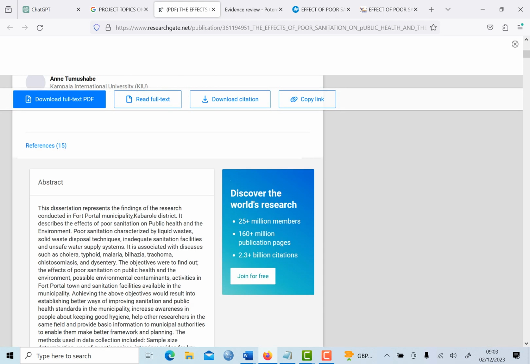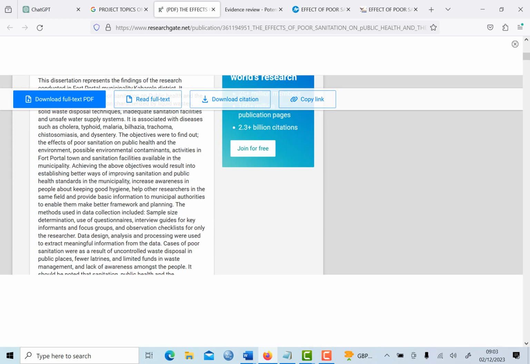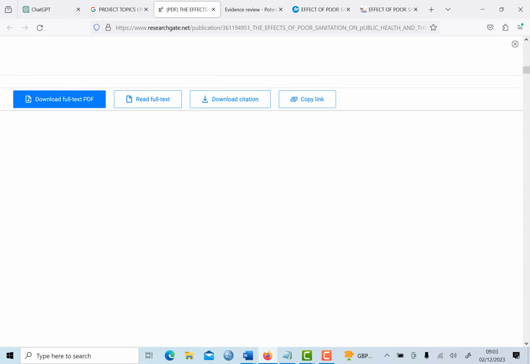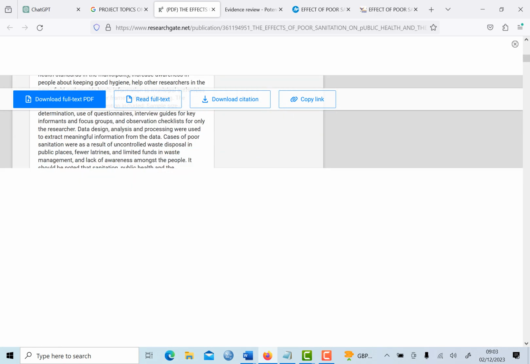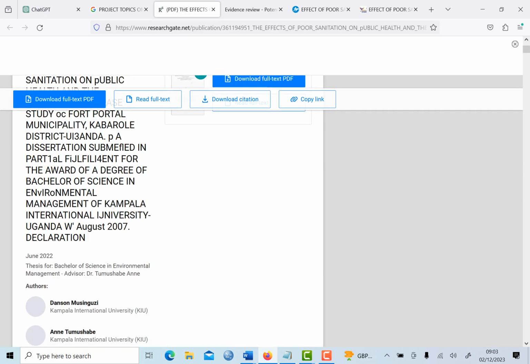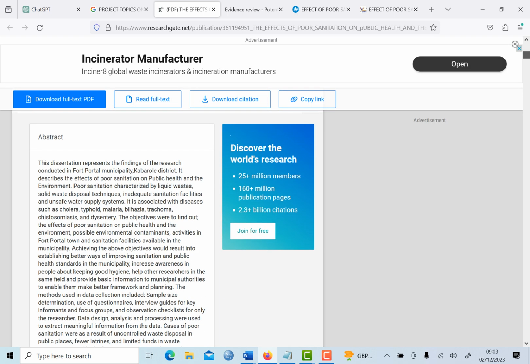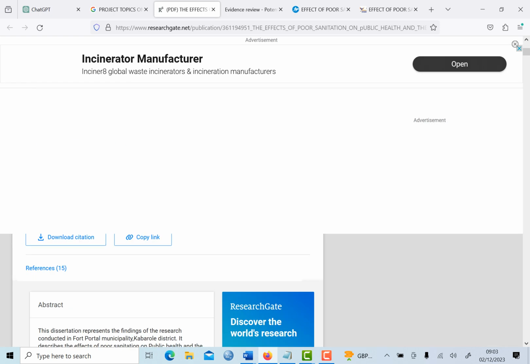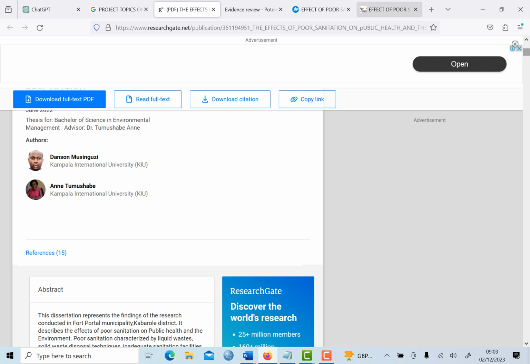Sorry about my network. I think my network is slow. So let's check. This is still loading. I think this only has one abstract. Let's check the next one.